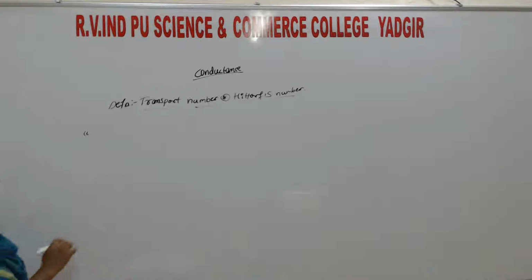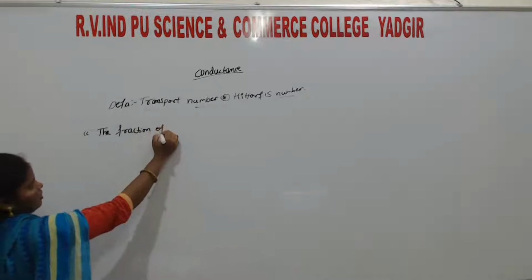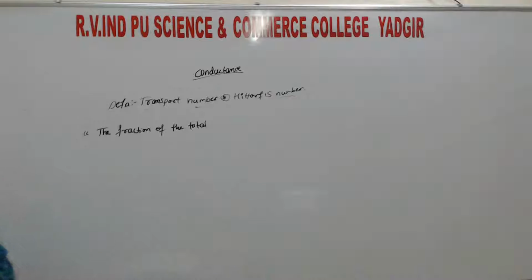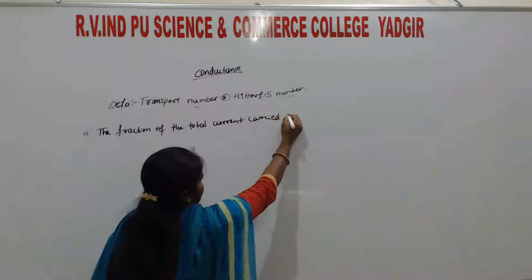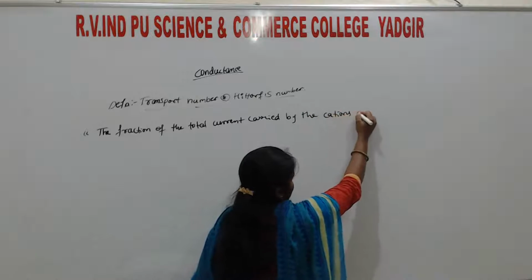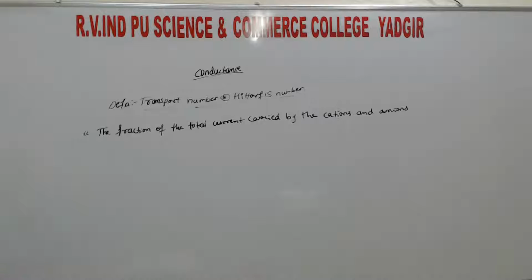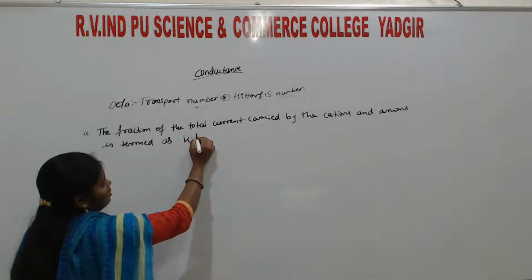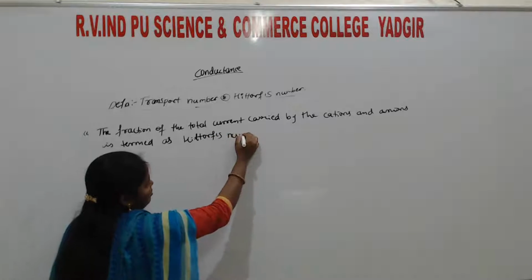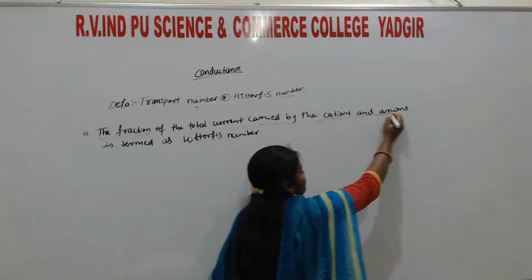The fraction of the total current carried by the cations and anions is termed as Hittorf's number.